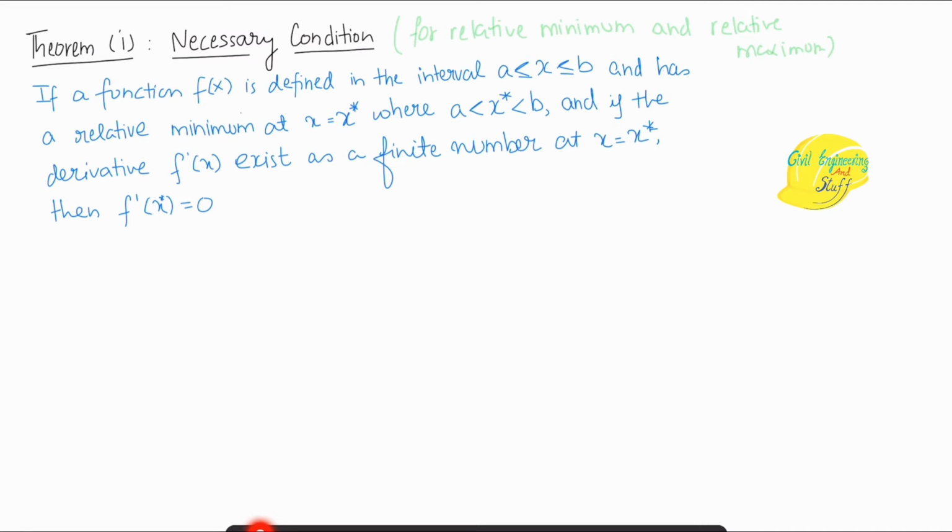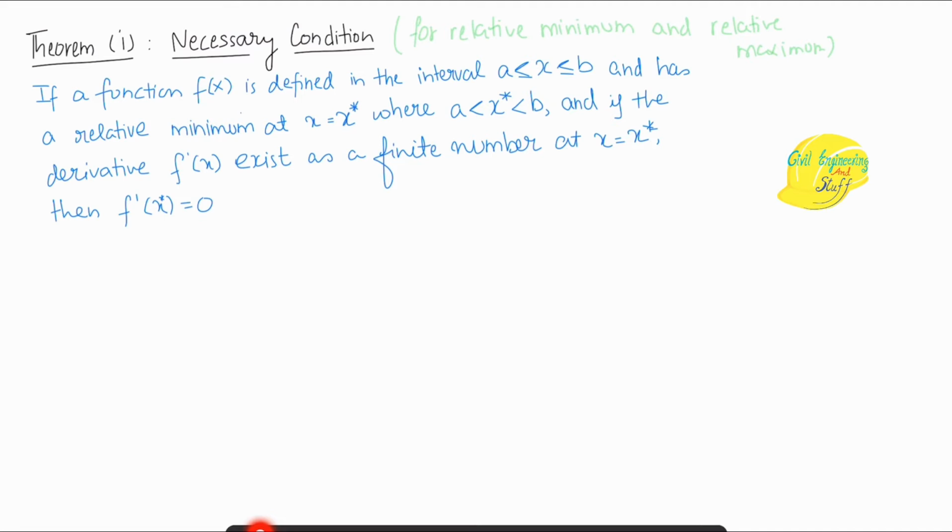So x star will be a relative minimum only if the derivative is a finite number and exists. This is the necessary condition.